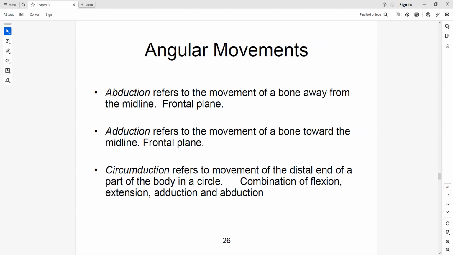This is the motion called abduction. Adduction is returning the thigh, the femur, back into its anatomical position. Adduction again moves the femur towards the midline. Again, this movement is happening in the frontal plane.